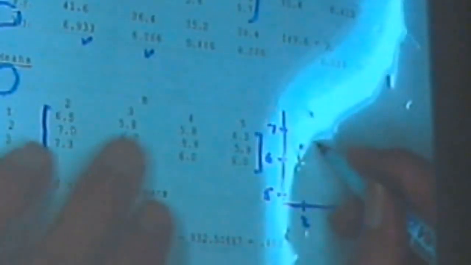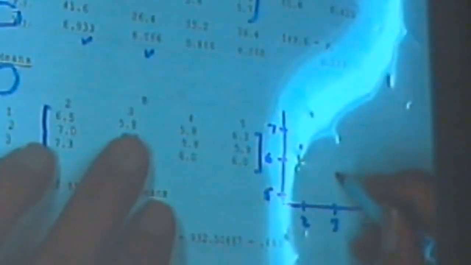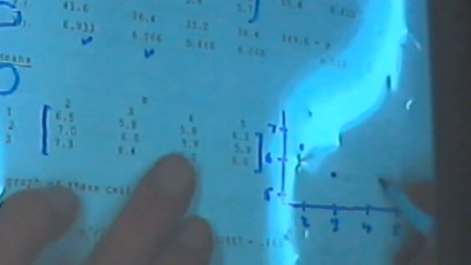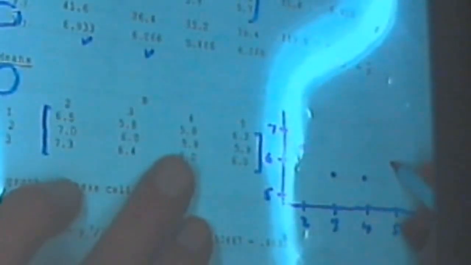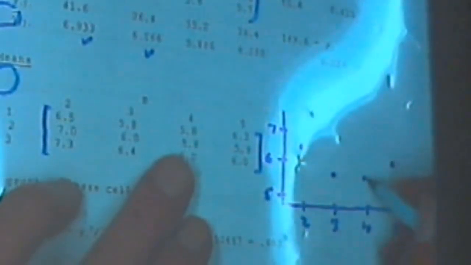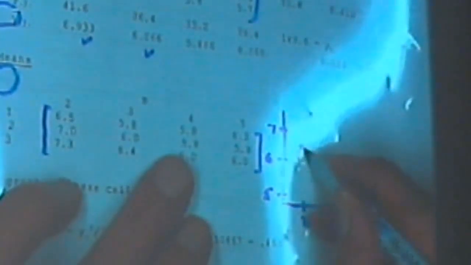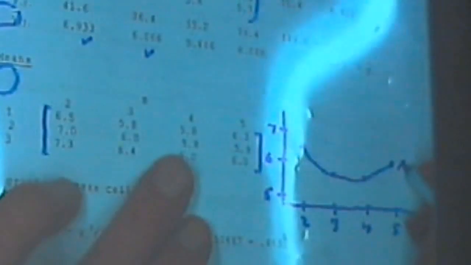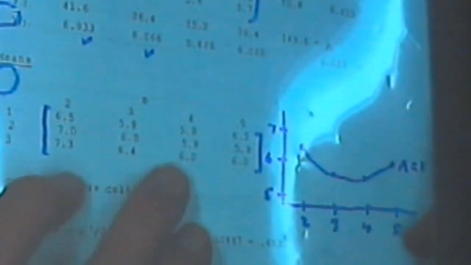Okay, so let's go with the first row. 6.5 is there. 5.8 is maybe there. 5.8, same height. 6.3 goes up a little bit to maybe there. So let's draw those 4 points, connect them with a line, and label it A equals 1.